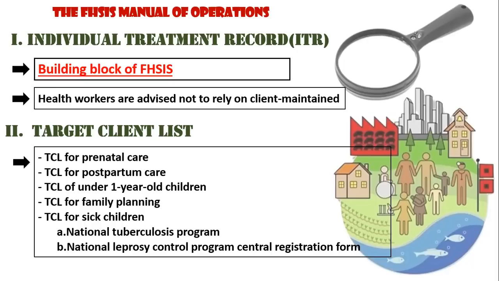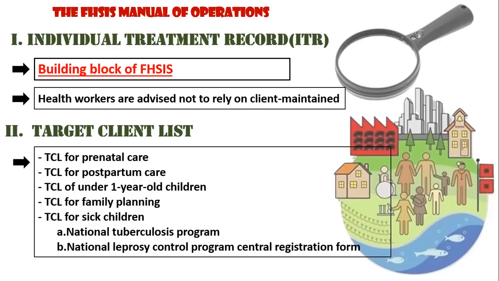Kapag hindi mo alam, for example, may patient ka, hindi mo alam ang diagnosis niya, kunin mo ang individual treatment record. Pero pag same patient yan, kunyari yung patient mo may tuberculosis na, lumapit ulit siya sa'yo, syempre may treatment pa rin siya ng tuberculosis, ang kukunin mo is the target client list.